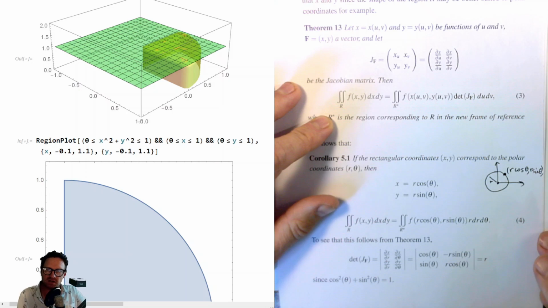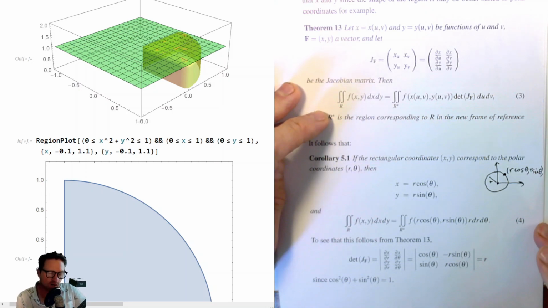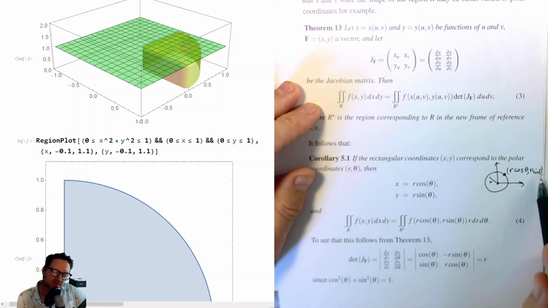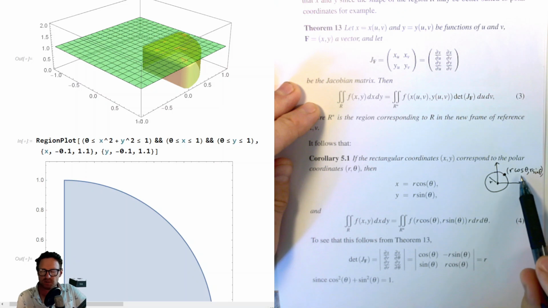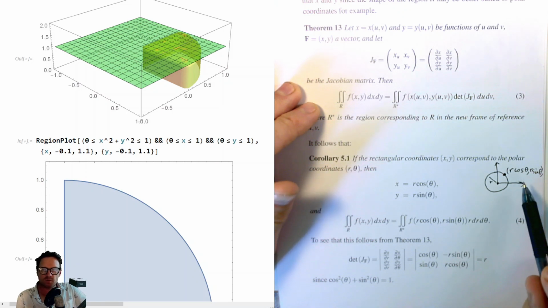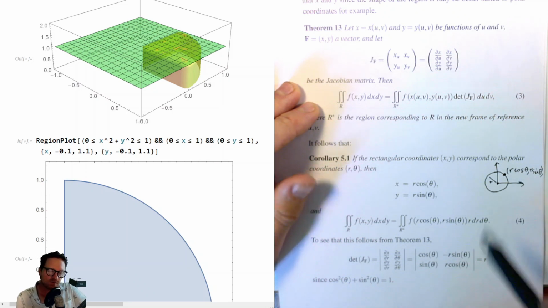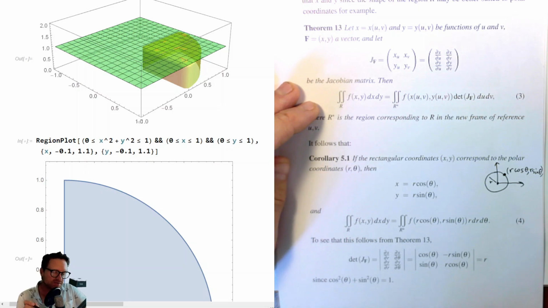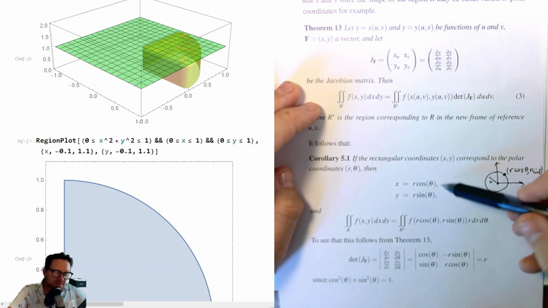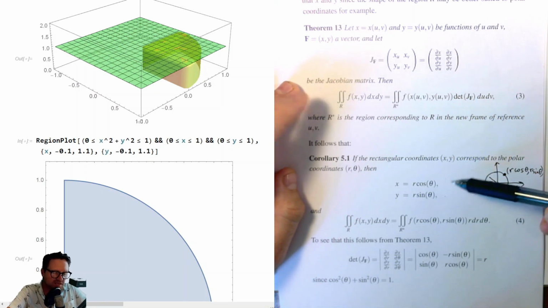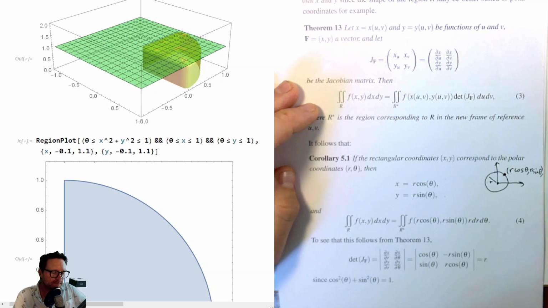And this is just because cos squared plus sine squared equals 1. So the x coordinate squared plus the y coordinate squared is r squared times cos squared plus sine squared. So in other words, the sum of the squares of these coordinates is r squared, and then taking square roots, well, we just get r. So it works. All right, and so this is the polar representation of the collection of points on this circle.